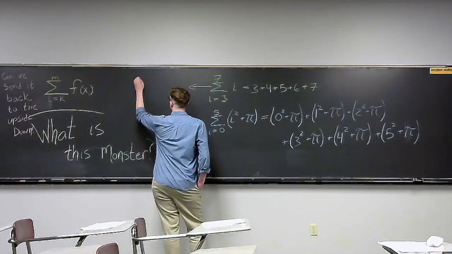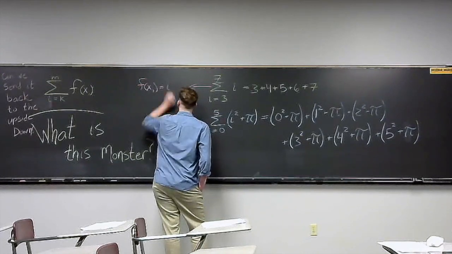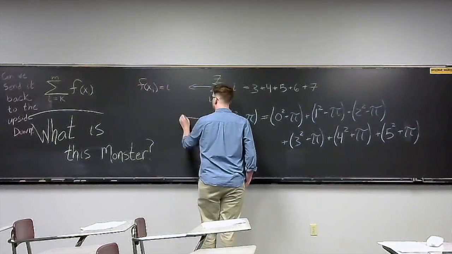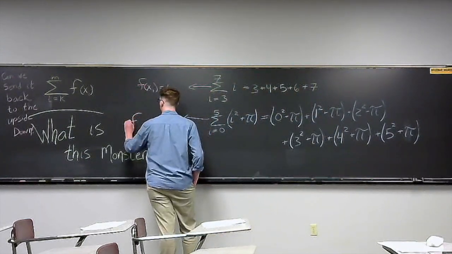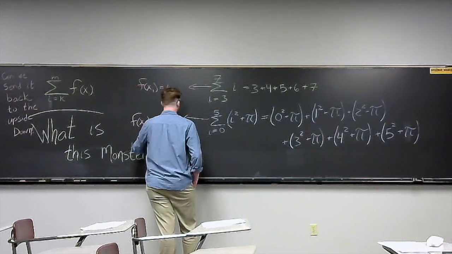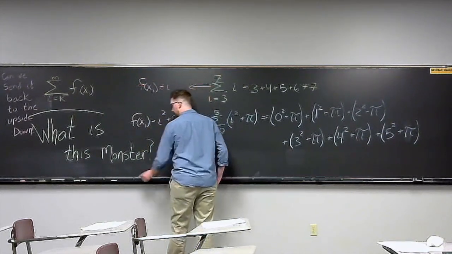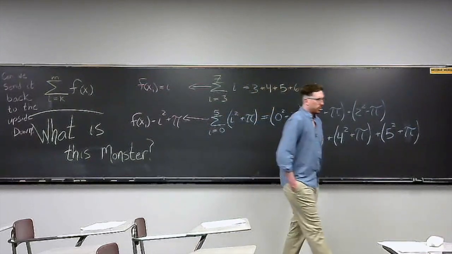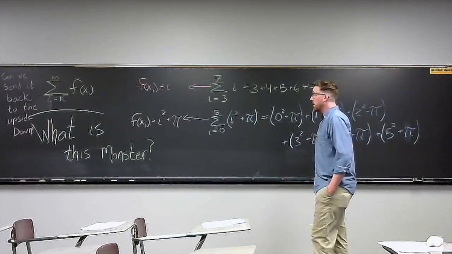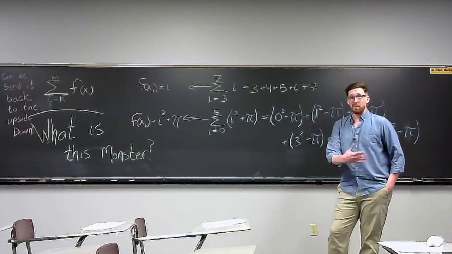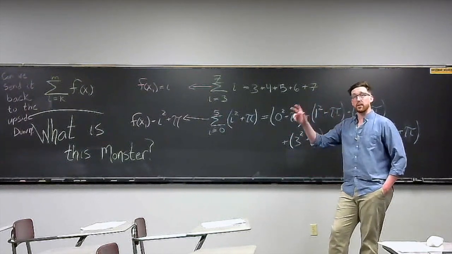So in these two examples, here we're saying f of x sub i is equal to just i. And here we're saying that f of x sub i is equal to i squared plus pi. So really, what this x sub i is doing is saying that you're picking particular x values. It's not all the x values, it's particular types of x values, right?